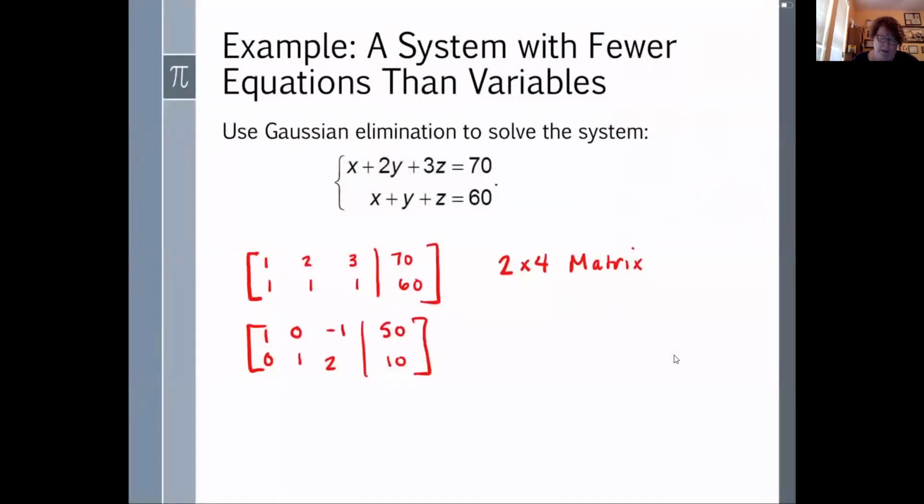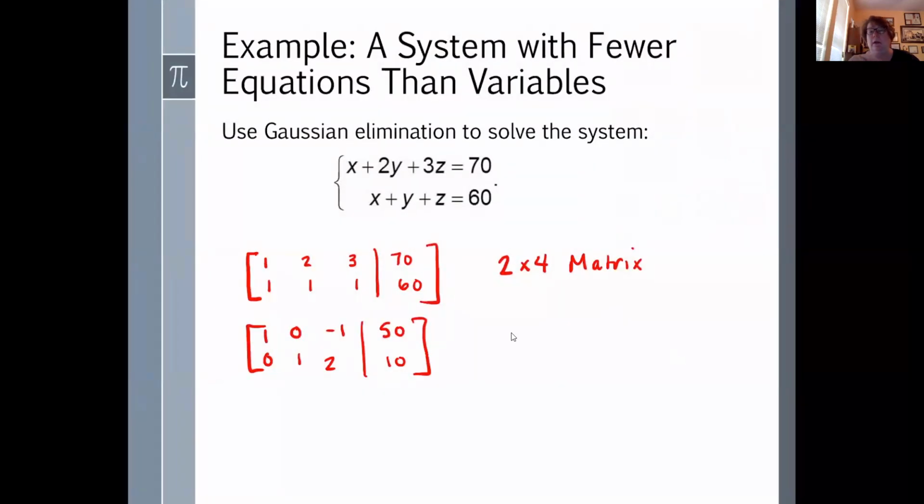All right. So here in the second matrix is the matrix that I got when I used Gauss-Jordan elimination on that first system. So the second row of this matrix gives me an equation in y and z.